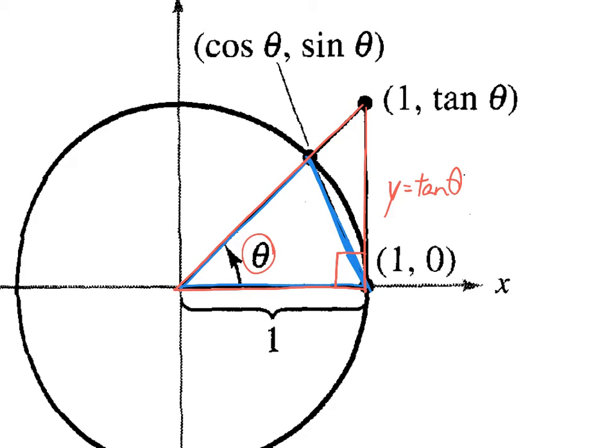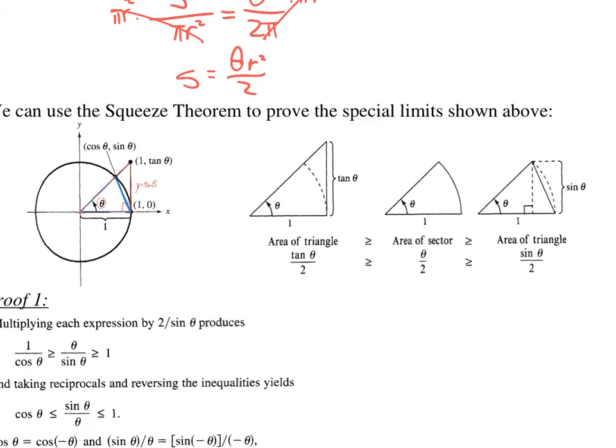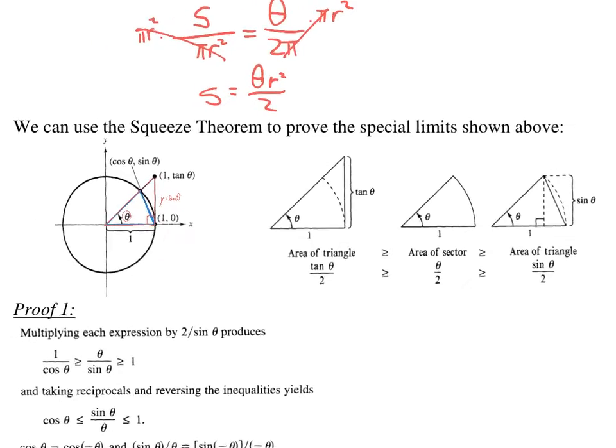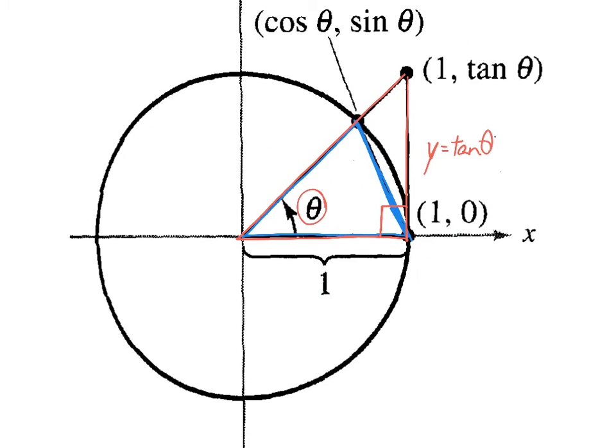Now, how do we get the area of the smaller triangle? Okay, what we're going to do there, we're going to go like this, okay, to get the height, alright? Well, the height of that triangle is the y-coordinate of that point, right?